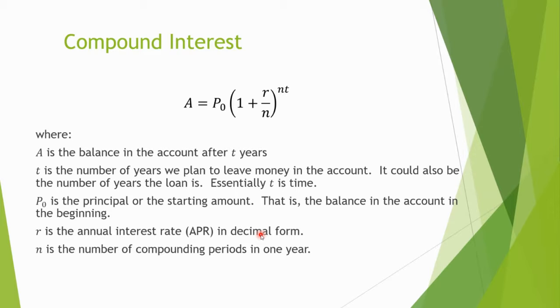But you'll see there are examples where you can compound twice a year, so once every 6 months. What's another one? 4 times a year, every 3 months, which I think they call compounding quarterly. You could even compound daily, and in that case, your N would be 365. So thank goodness for calculators in that sense. Or monthly you can do.